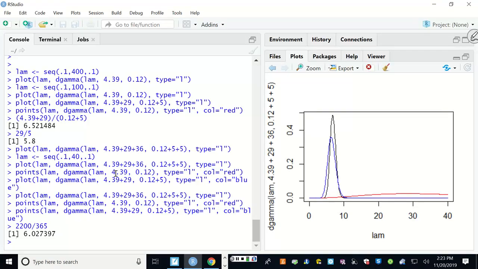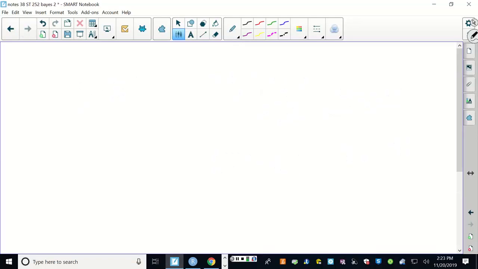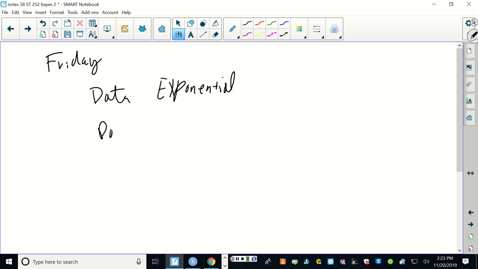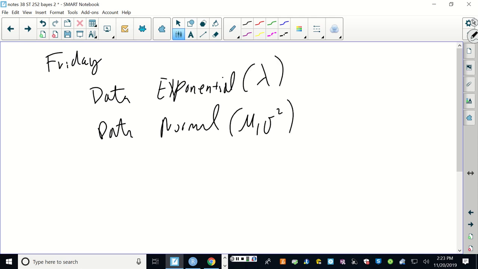On Friday, we'll look at something like the data are exponential, perhaps, or maybe the data are normal, and we want to know about some of these parameters. That's usually a lambda there.